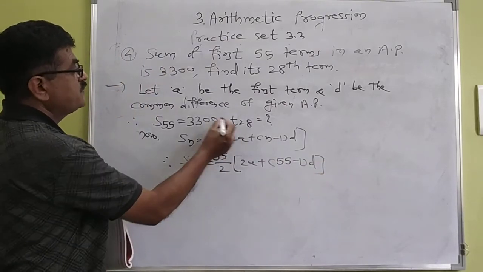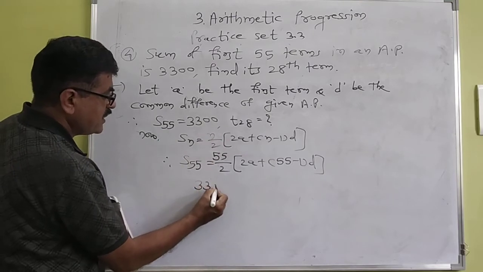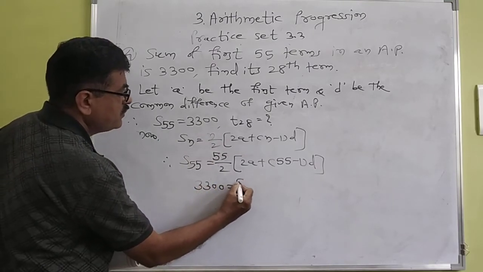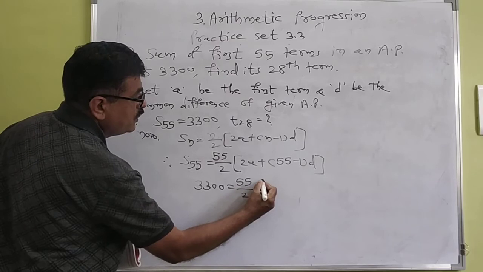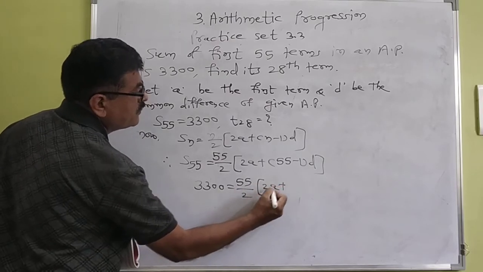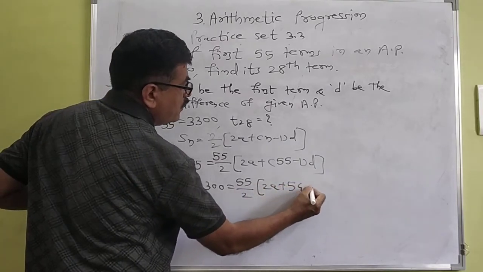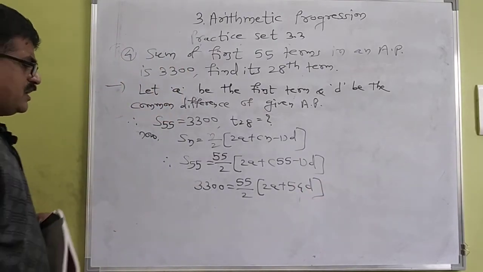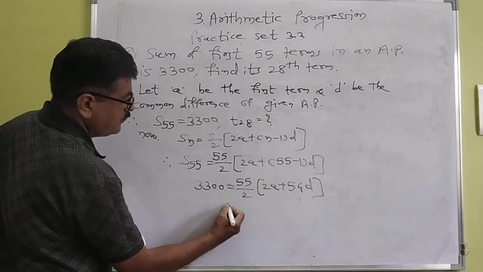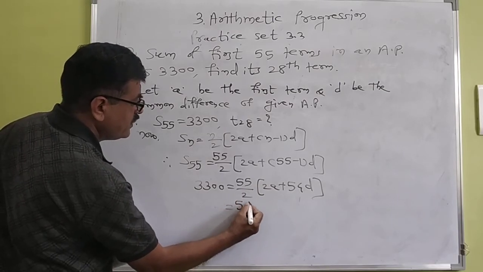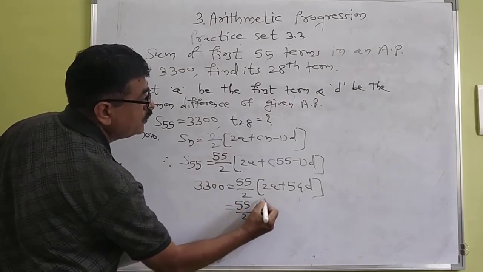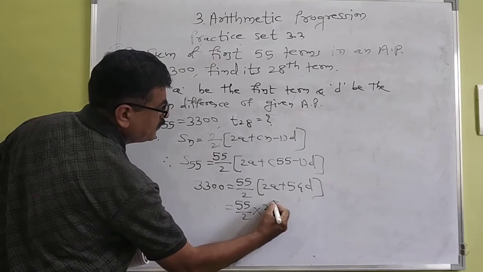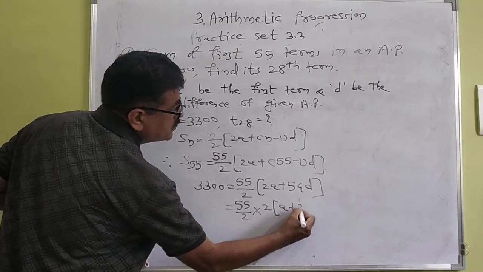We have been given S55 is 3300, equal to 55 upon 2 into bracket 2a plus 54d. Now here taking 2 common, it is equal to 55 upon 2 into bracket a plus 27d.